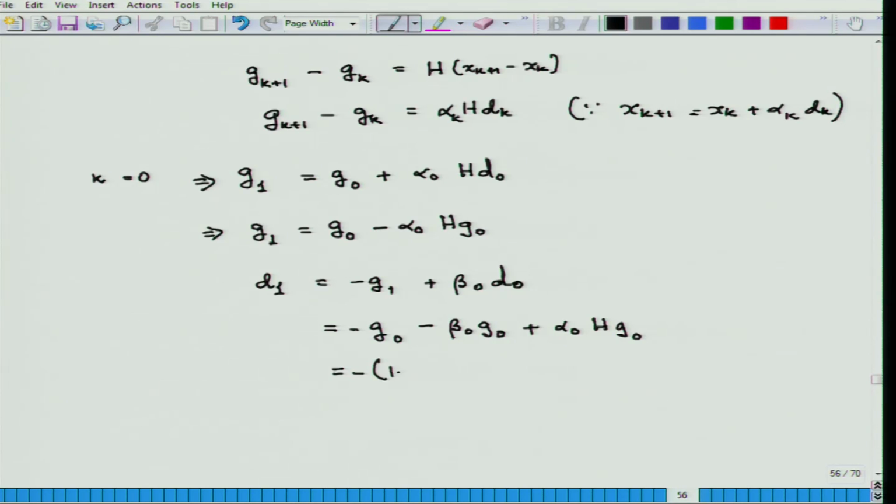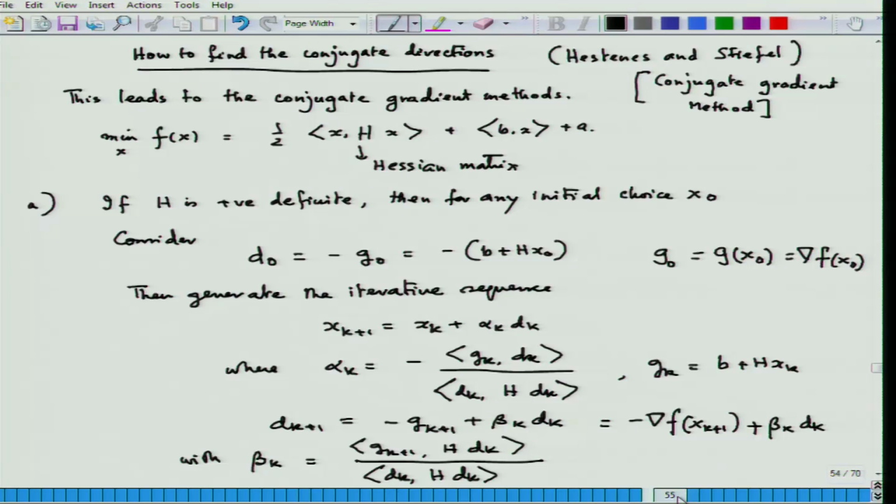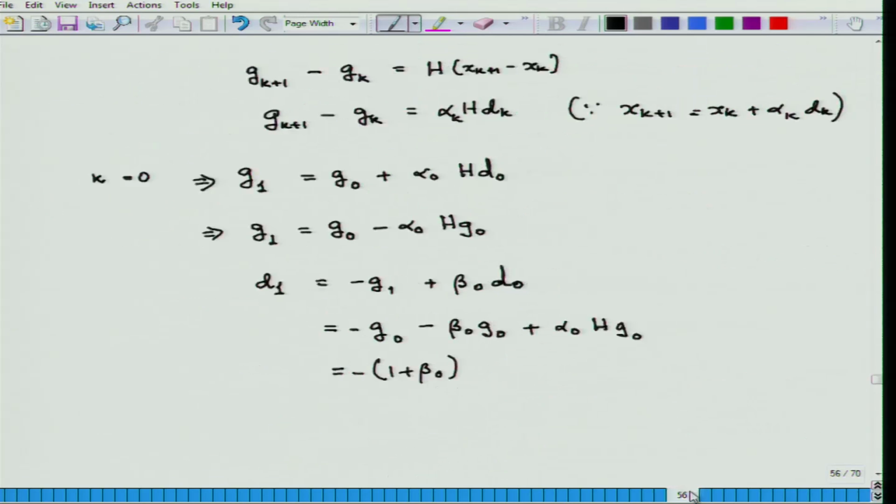So, now I can write minus 1 plus beta naught. This beta naught is the beta naught that you already know here. This is actually scaling up and generating the descent directions, the conjugate directions. I can write this as this times g naught plus alpha naught h g naught. So, d 1 is a linear combination of g naught and h g naught.